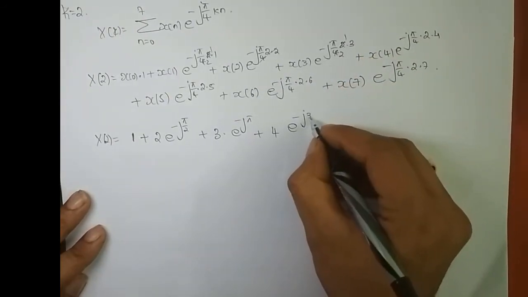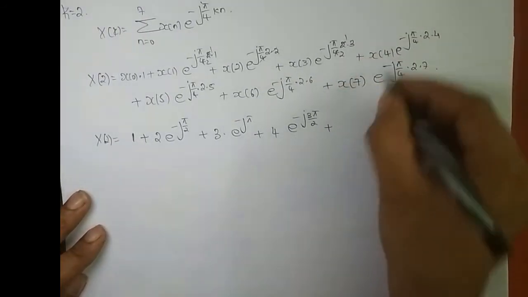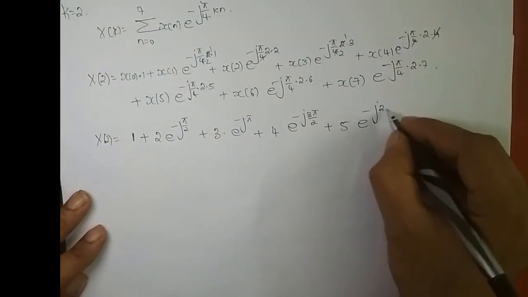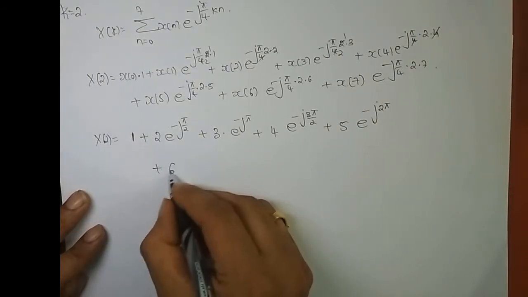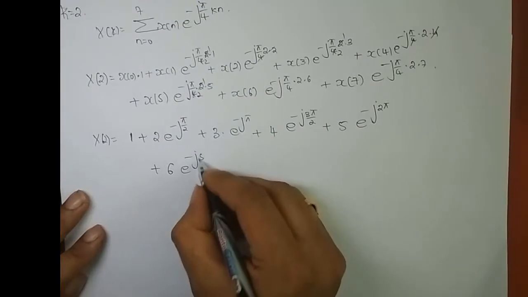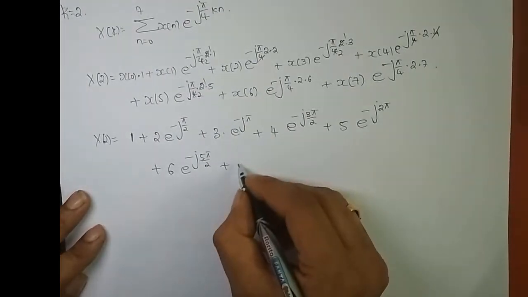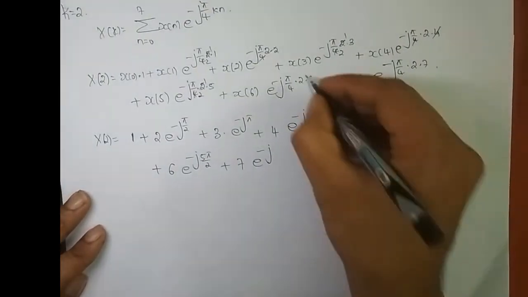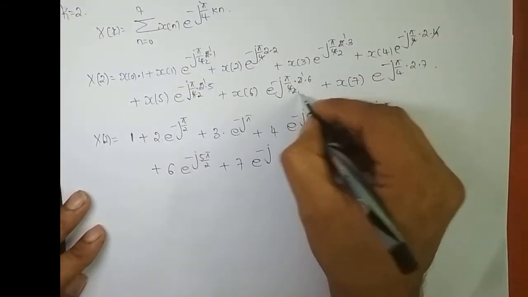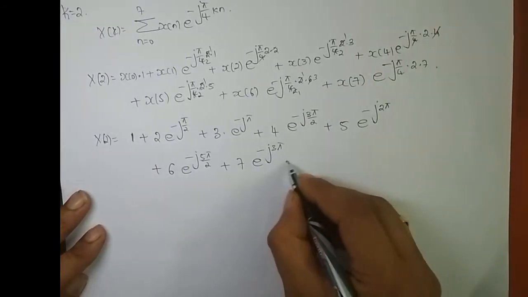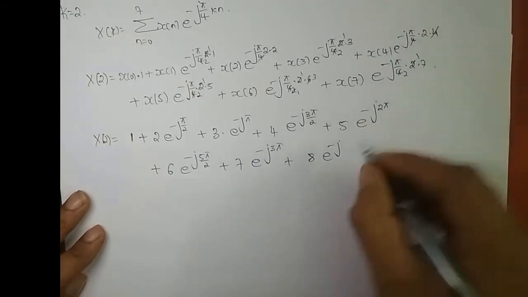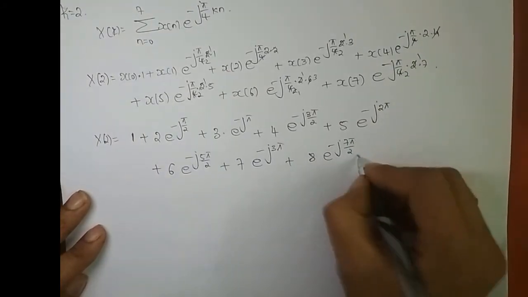E power minus j 3 pi by 2, plus x of 4 is 5 into e power minus j, 4 4 cancels out, 2 pi, plus x of 5 is 6 into e power minus j, 5 pi by 2, plus x of 6 is 7 into e power minus j, 2 threes are 6, 3 pi, plus x of 7 is 8 into e power minus j, which is equal to 7 pi by 2.